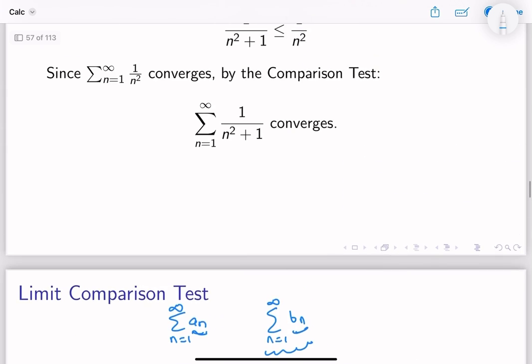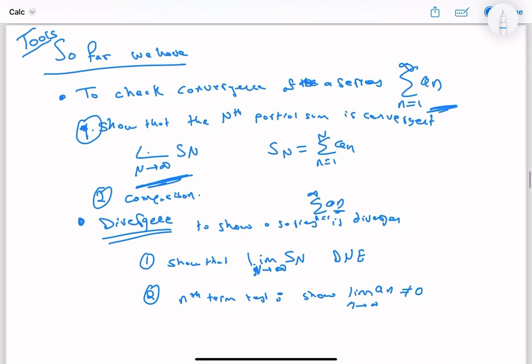I remind you real quick, so far the tools we have for checking convergence or divergence of a series are the following. For convergence, we so far have the definition. We know that this series is convergent if the limit of the partial sum exists, and the partial sum, I remind you, is the sum from n equals 1 to big N of an.